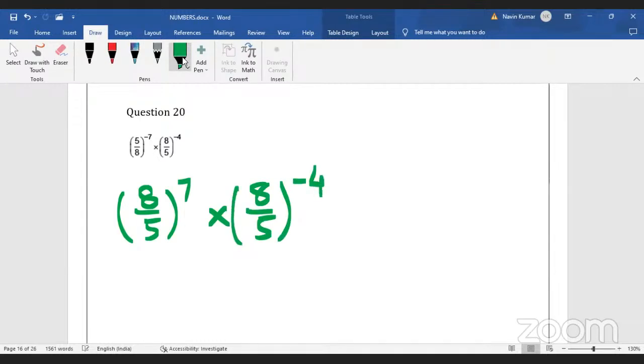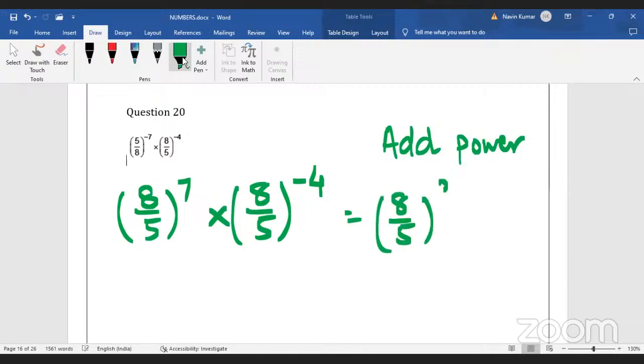Now if you see, the base is same. When the base is same, in case of multiplication, powers are added. Add powers. So what will this become finally? Can we say it will become 8 by 5 to the power of 3? Yes, sir. So that is your answer. 512 divided by 125.